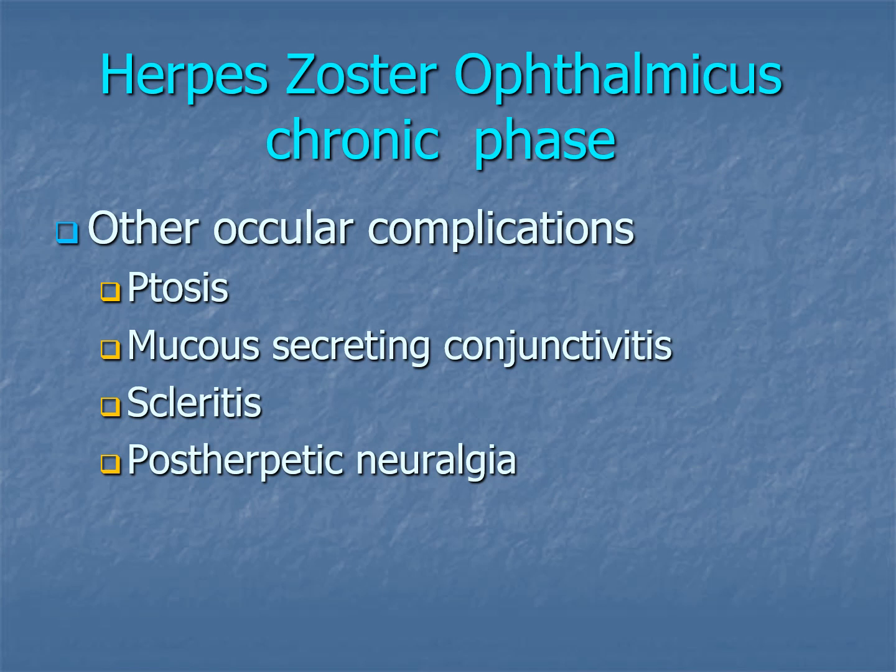Now come to the chronic phase of herpes zoster ophthalmicus. You may come across other ocular complications like ptosis, mucus secreting conjunctivitis, scleritis, and post-herpetic neuralgia. Mind you, this post-herpetic neuralgia is very, very severe, very agonizing for the patient. The patient sometimes goes into depression, may have suicidal tendencies, and it is very, very difficult to treat.